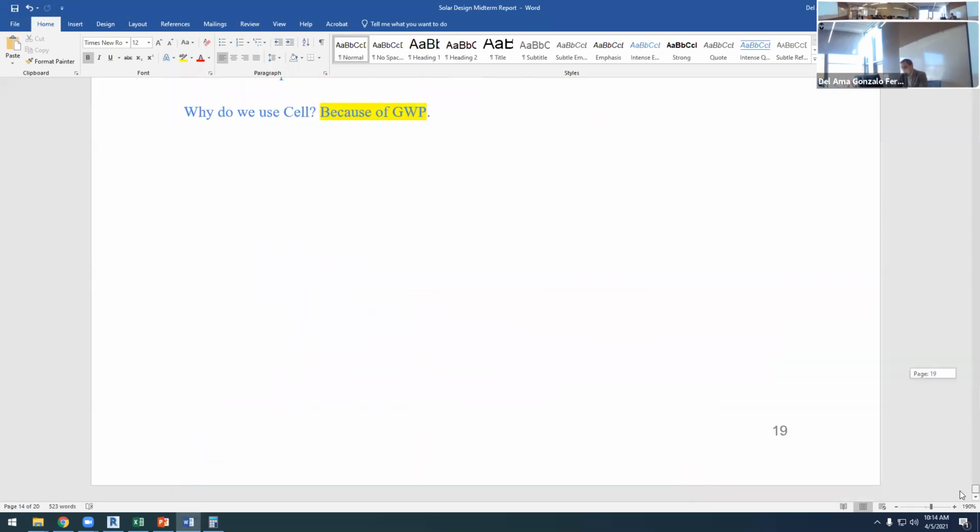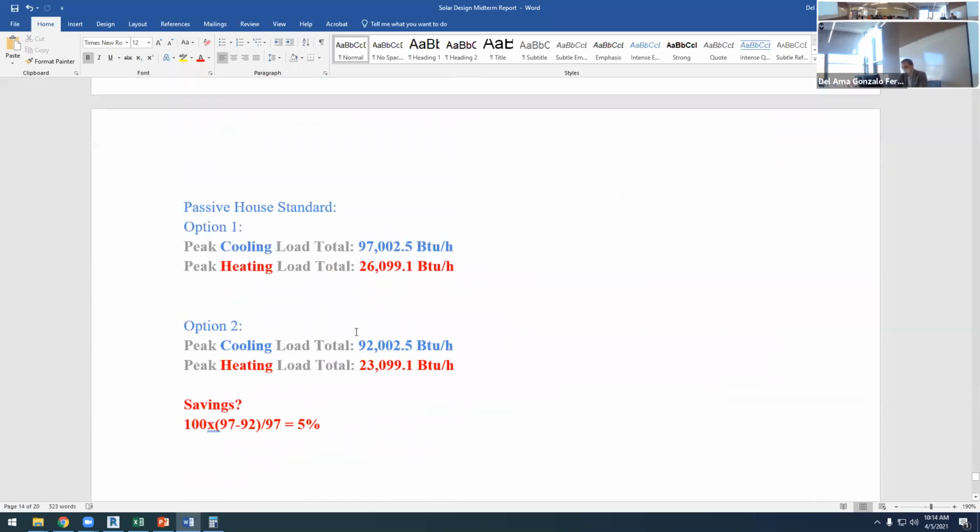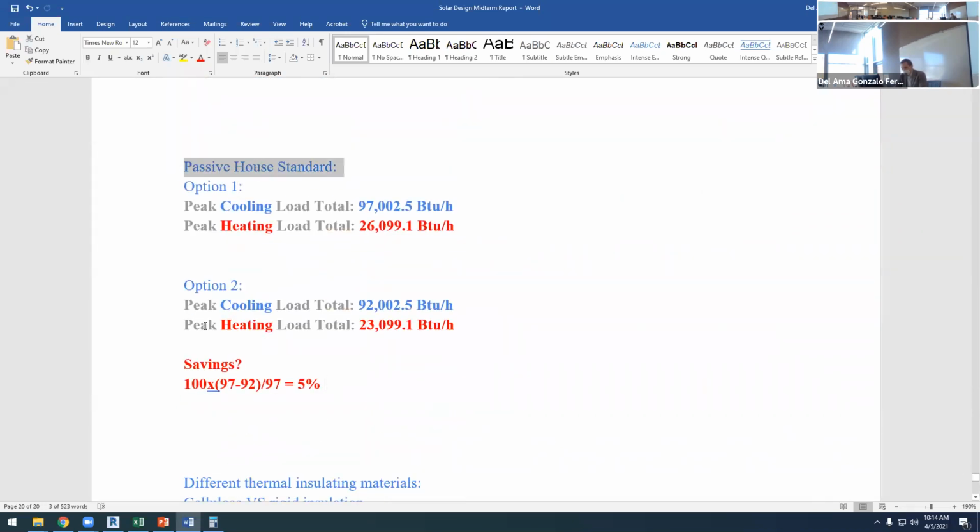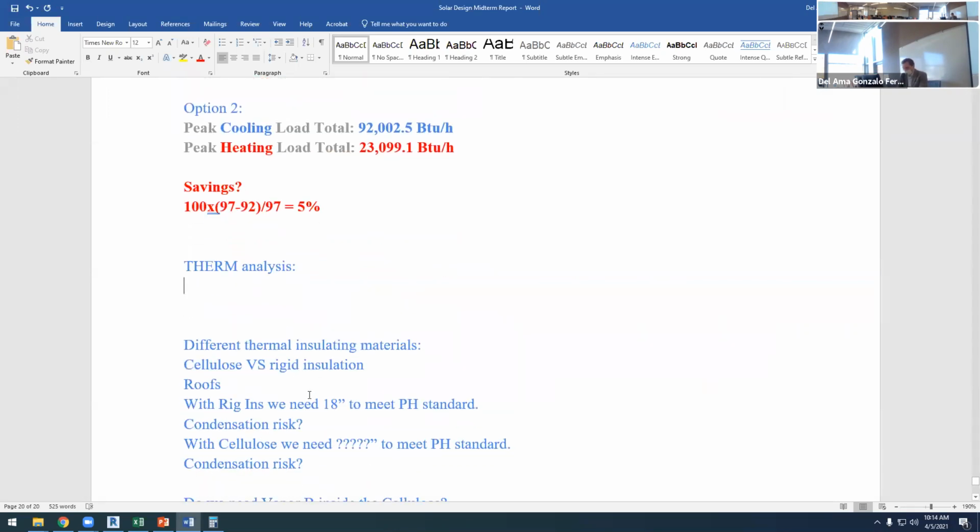So these are the conclusions of THERM. THERM analysis: thermal insulation over versus under the concrete slab.